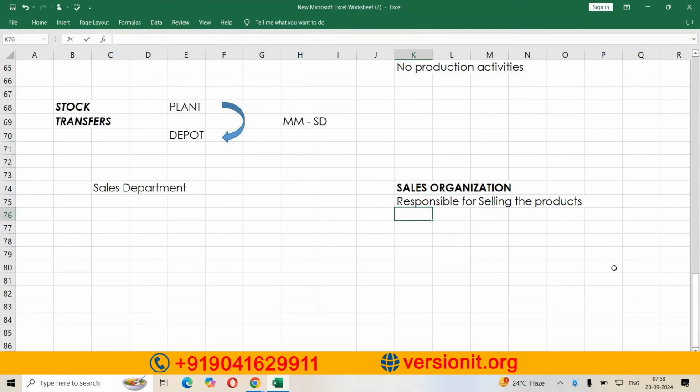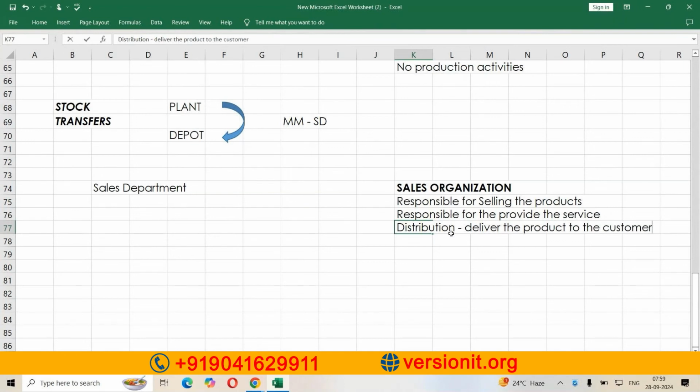It is also going to be responsible for providing support and service. And it is responsible for the distribution process, making sure the product is delivered to the customer on time. So it takes care of different things.